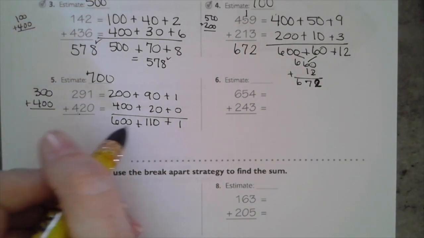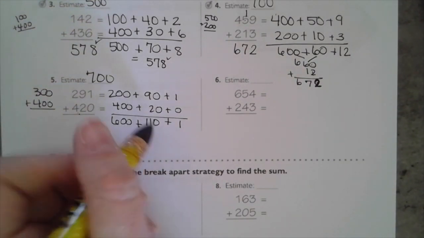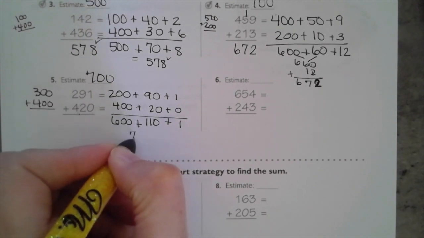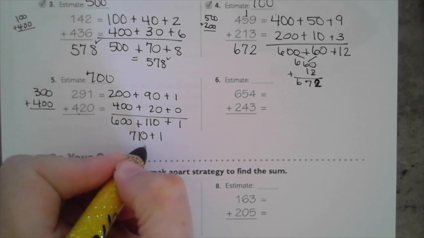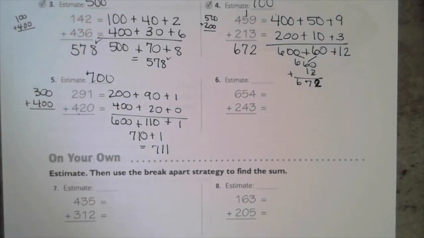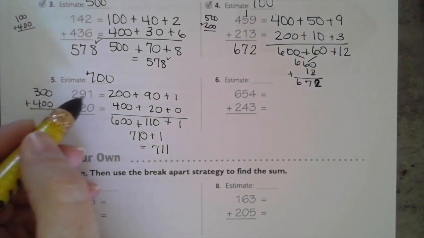Oh, hey, look at this. We've got 600 plus 110 is 710 plus 1 is 711.